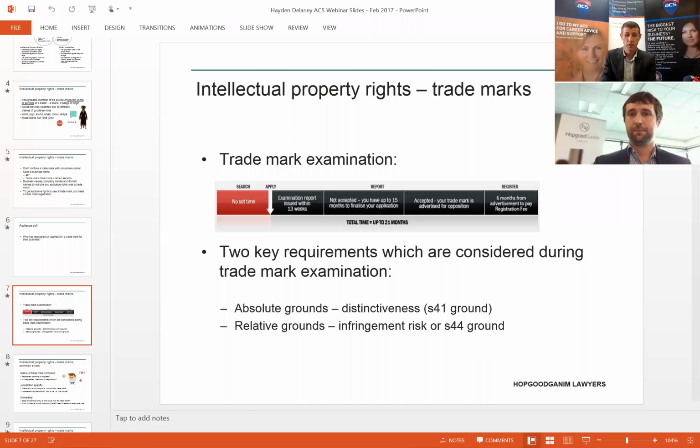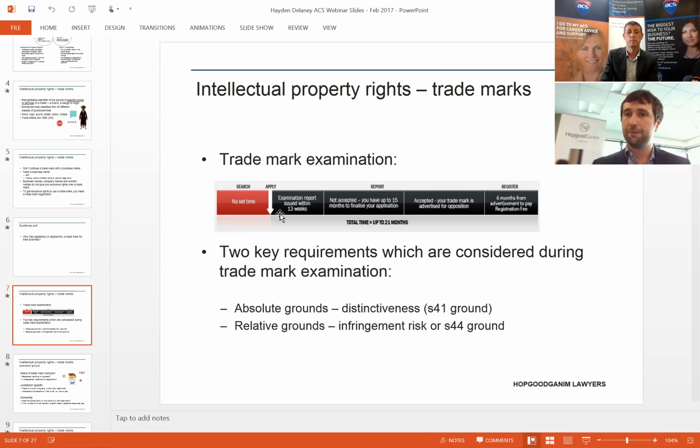No problem. So just jumping back into trademarks, as I said, trademarks are a process. It's not like a business name where you just get it quickly. Sometimes getting a registered trademark can take up to 21 months, but the key thing is when you apply.